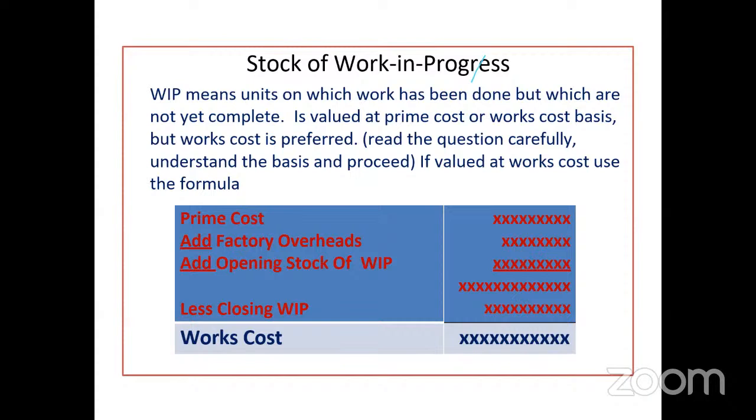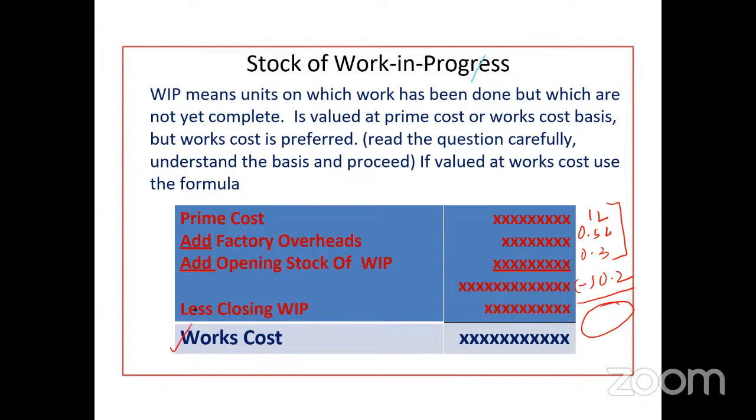Let's say here our prime cost is 1 lakh, factory overhead is 0.5 lakh, opening stock of work in progress is 0.3, and closing stock of work in progress is, let's say, 0.2. So we have to add these three, then deduct the closing stock of work in progress in order to get the works cost.